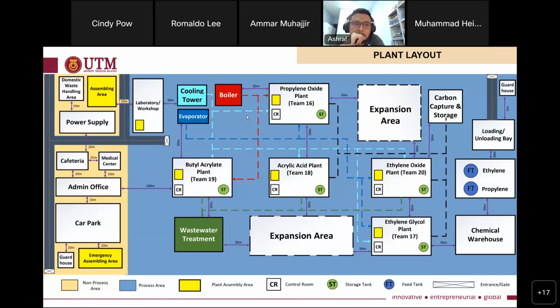May I ask a question regarding the first comment? The fire water station, where is suitable to locate that in this plan layout? Normally it's quite near to your admin office or your car park, because your fire station needs to be near the access to the plant.